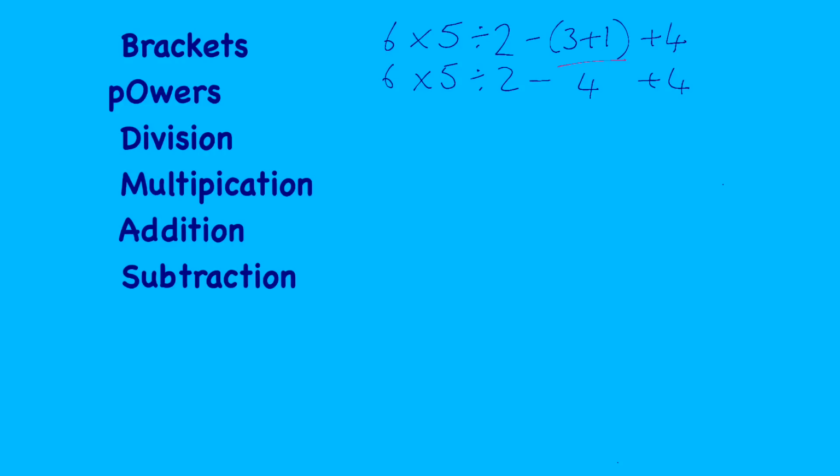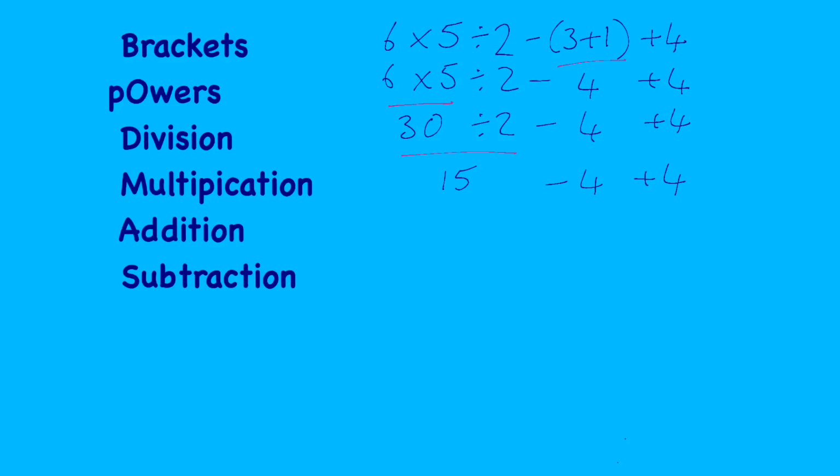So as I said to you before, you can do the division or the multiplication in either order. So I'm going to do the 6 times 5 first. So that gives us 30, which is much easier to divide by 2. Okay, so now we can do the 30 divided by 2. So that is 15. And we bring down my minus 4 and plus 4.